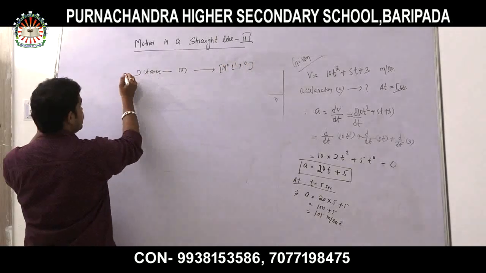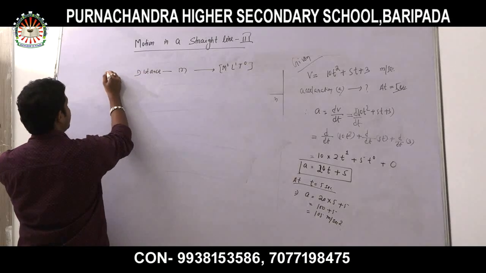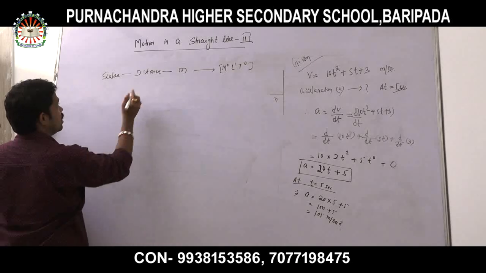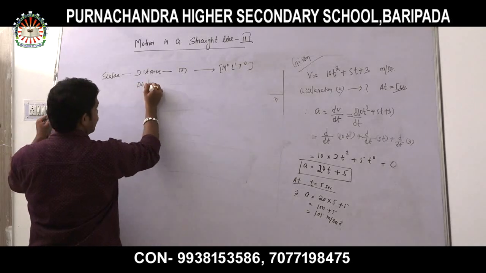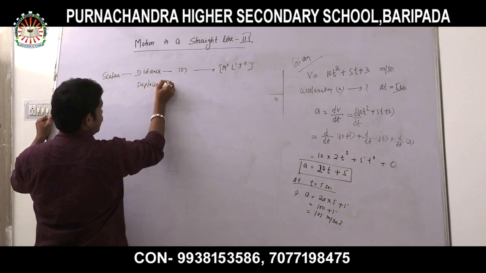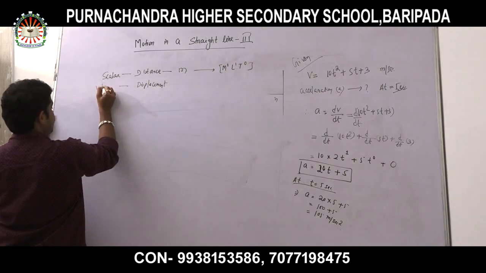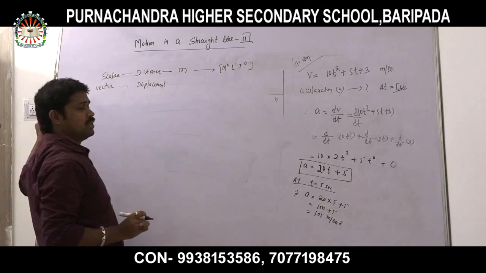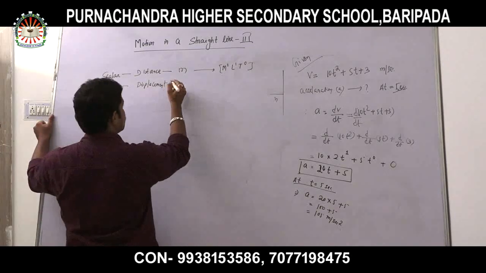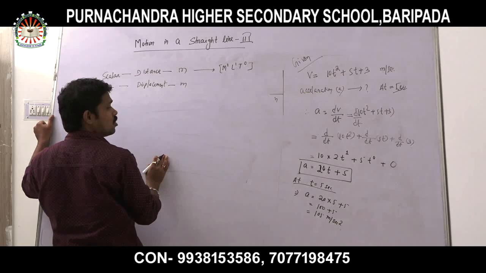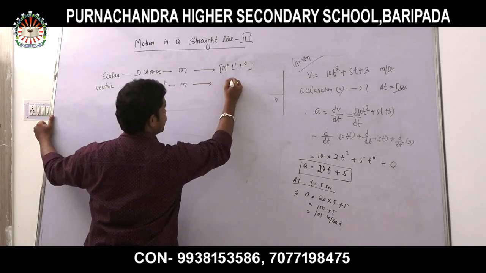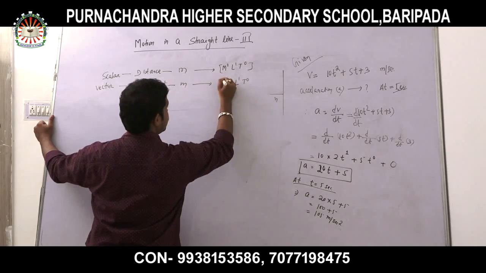It is a scalar quantity. Then come to displacement. It is a vector quantity because it depends upon the magnitude and also the direction. It also has unit meter, and it also has dimension m0, l1, t0.